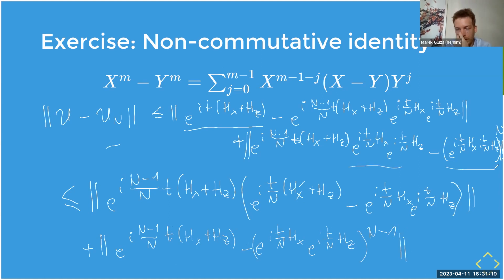This is a common factor here. We can pull it out and use unitary invariance. We can replace this by identity, okay?